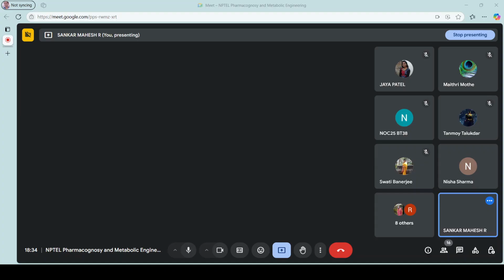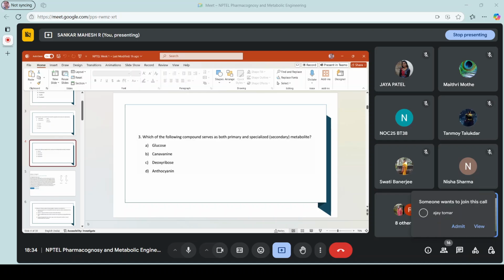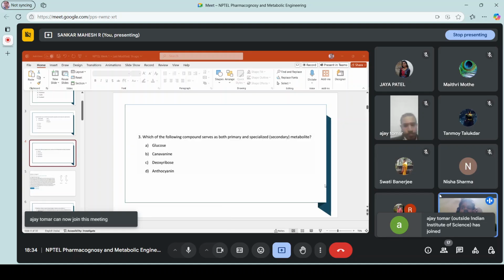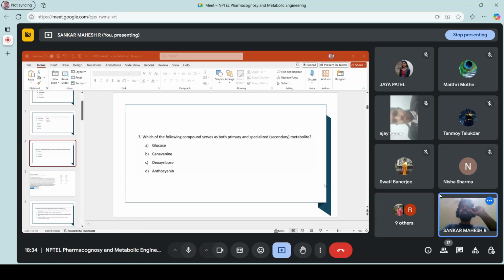The third question is: which of the following compounds serves as both a primary and a specialized, that is secondary, metabolite? Four options are given here: glucose, canavanine, deoxyribose, and anthocyanin. Before anyone unmutes, if you know, you can raise your hand. To start with, one can mention what a primary and a secondary metabolite is, and from that we'll reach the right answer.